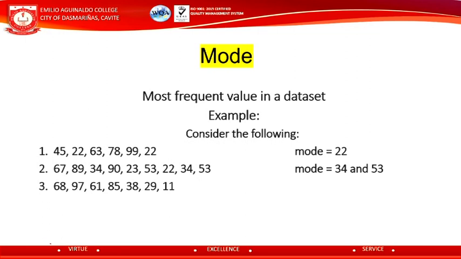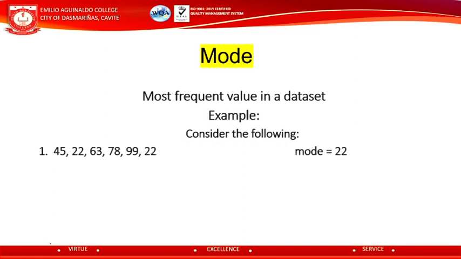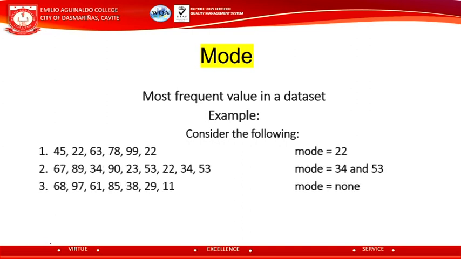And lastly, we have number 3: 68, 97, 61, 85, 38, 29, and 11. We can see that there is no mode. So there are times na hindi talaga tayo nagkakaroon ng mode, provided that there is no value na nauulit dun sa ating distribution.